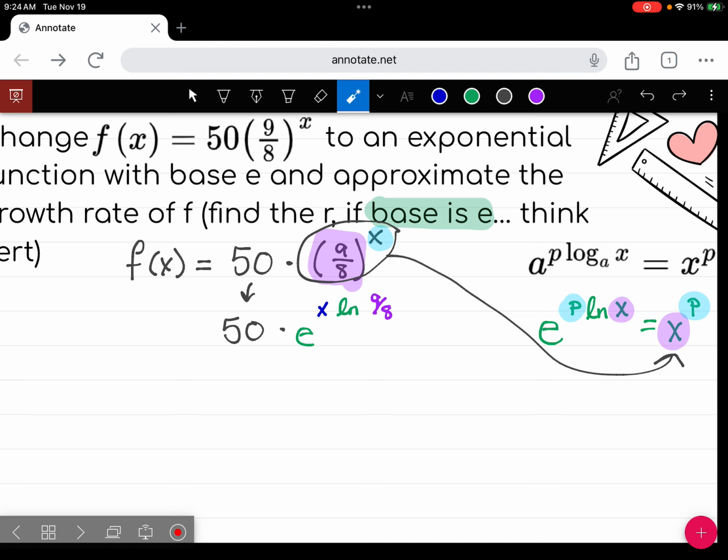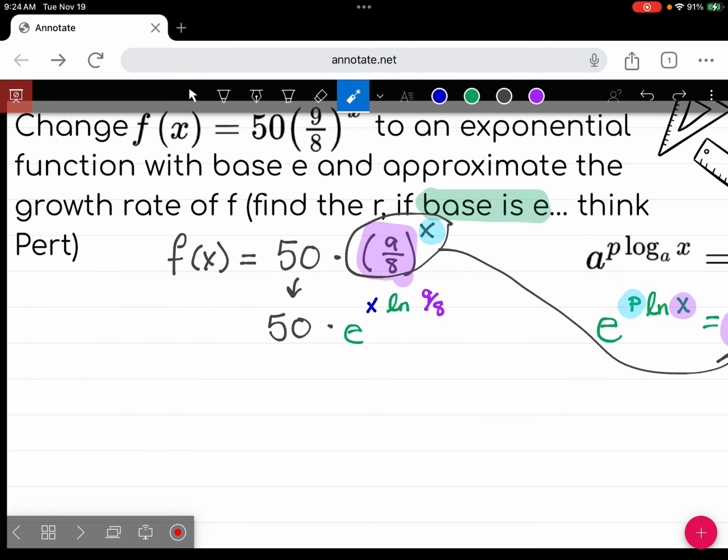I know we don't know why the heck we did that, but questions on what we did right there? Because it's weird and super awkward. Because the reason we're doing this is we want to be able to express this equation like it's a PERT equation. Our principal times that base of e to the RT.